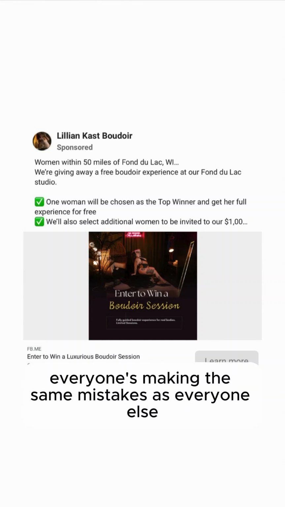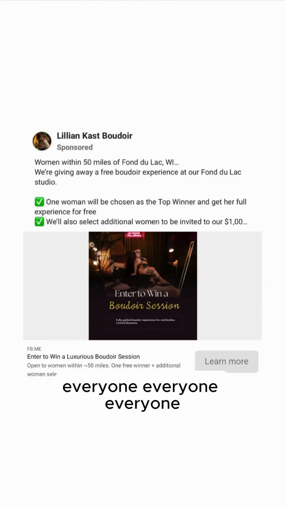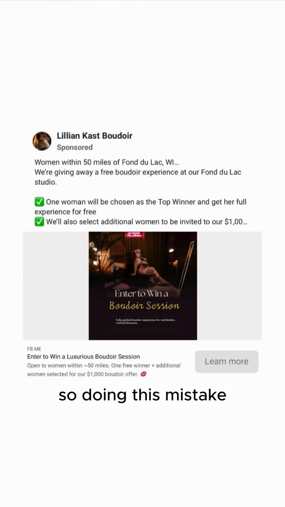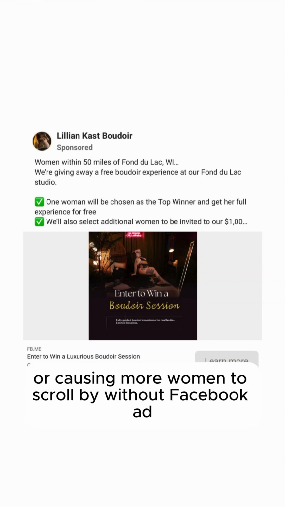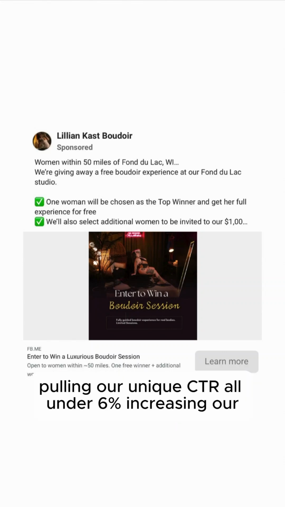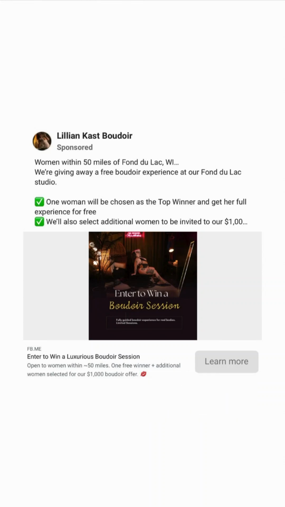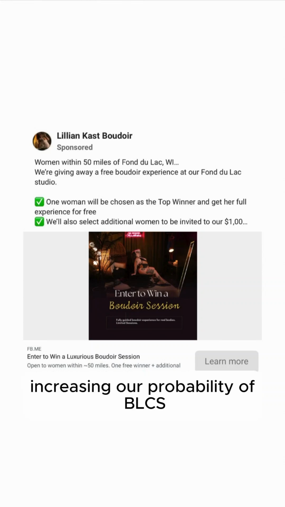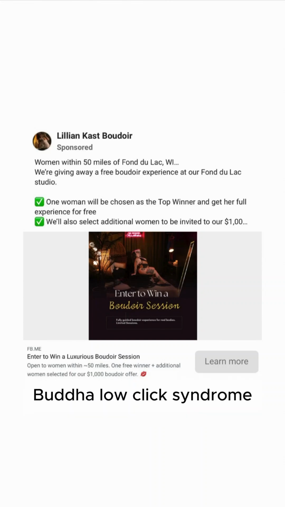It's because everyone's making the same mistakes as everyone else. So, doing this mistake, we're causing more women to scroll by our boudoir Facebook ad than necessary, pulling our unique CTR under 6%, increasing our probability of BLCS, boudoir low click syndrome.